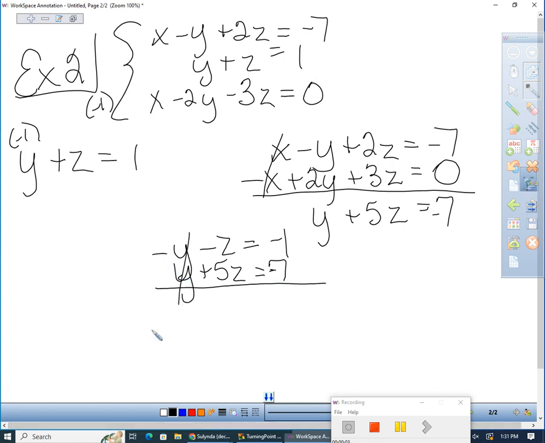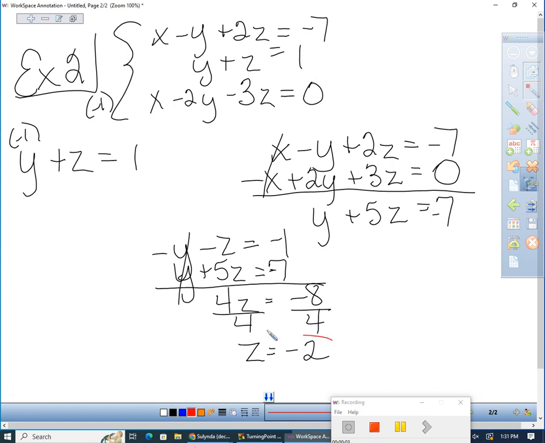Okay, so you'll notice our y's drop out. Negative z plus 5z is 4z. Negative 1 and negative 7 is negative 8. Divide both sides by 4, and z equals negative 2. So now what am I going to do with that?